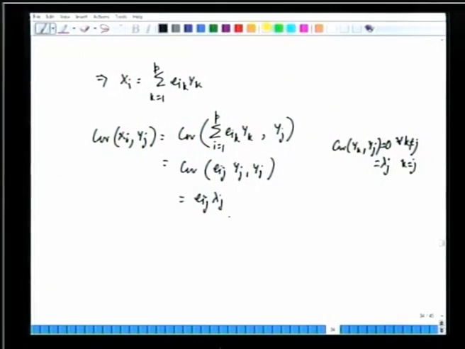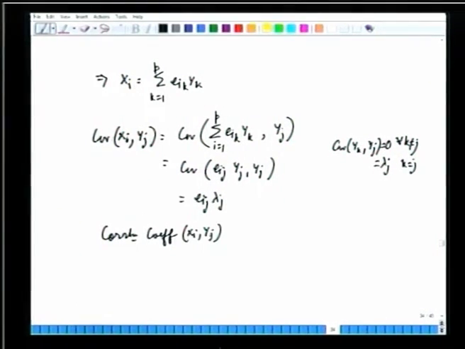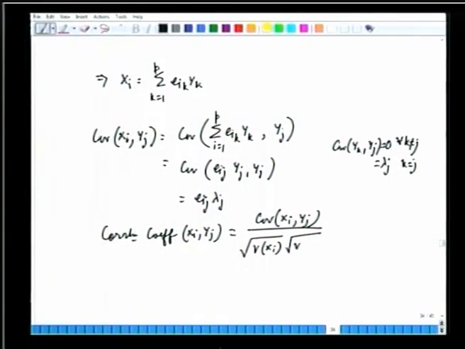So I am using this relationship, and then I can also consider the correlation coefficient between xi and yj. This is the covariance of xi and yj divided by root variance of xi times root variance of yj.